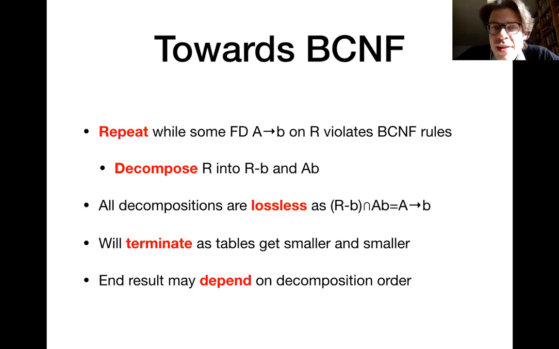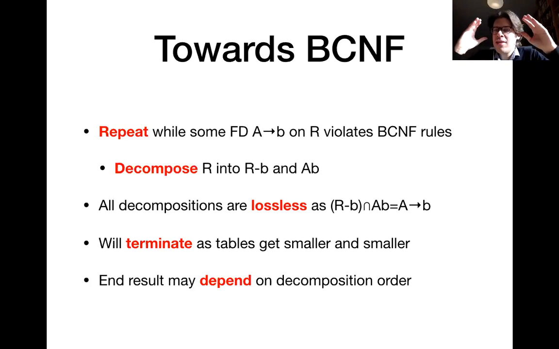One remark about this: the end result might actually depend on the order in which you consider your functional dependencies. So in the following, if we make examples about how we get into Boyce-Codd normal form, for instance, please keep in mind that multiple solutions to those examples are generally valid. It depends on how you order the functional dependencies. In the end, all that matters is that we are in Boyce-Codd normal form.